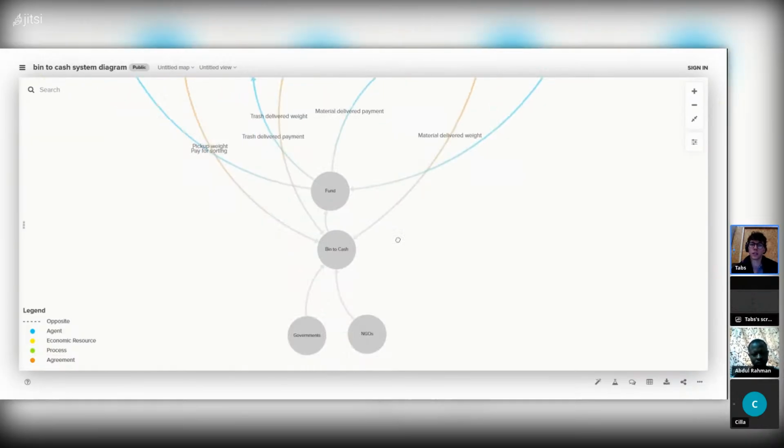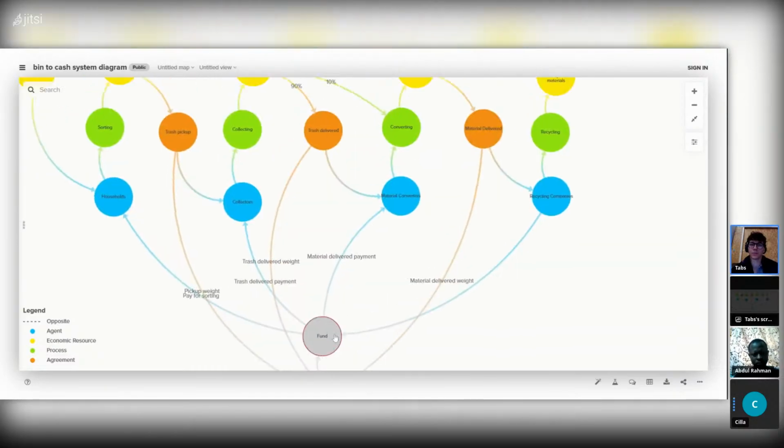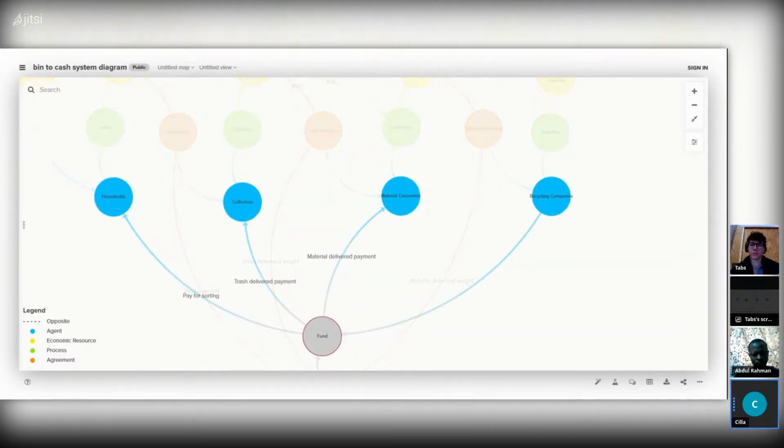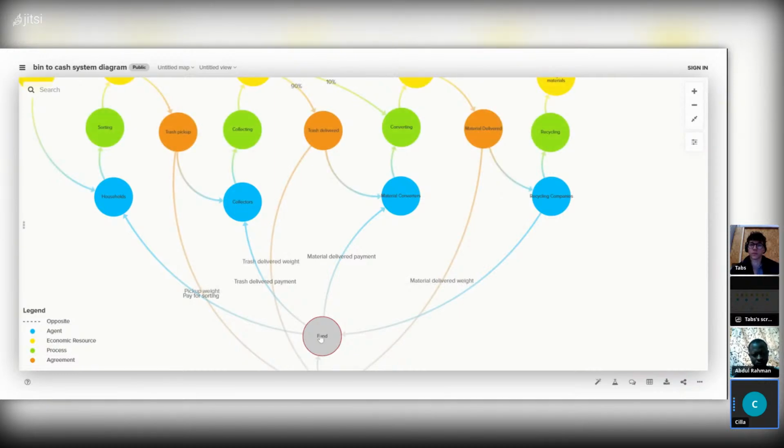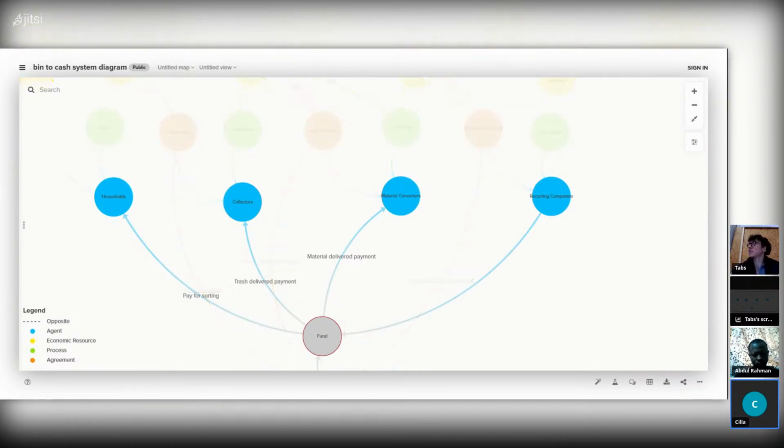Okay. And I want to ask, for the fund distribution, can we let the contract do that as well? Yeah, it would all be automated. Okay.